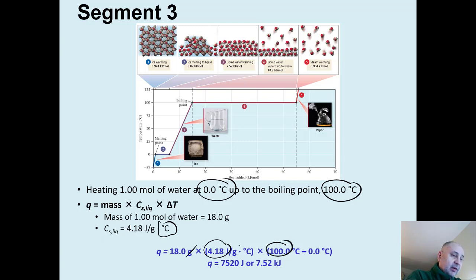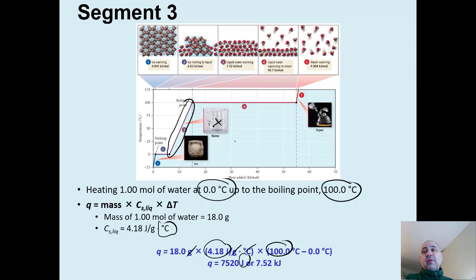Our grams cancel and degrees cancel, our units are in joules, 7,520, change to kilojoules, 7.52, and that was this part right here, segment 3, when we have the liquid and we are warming that up.